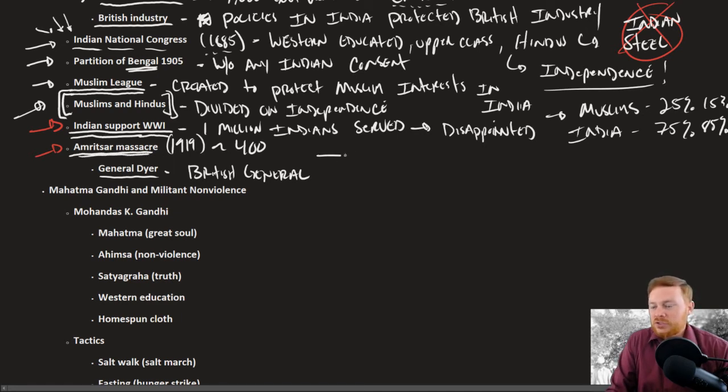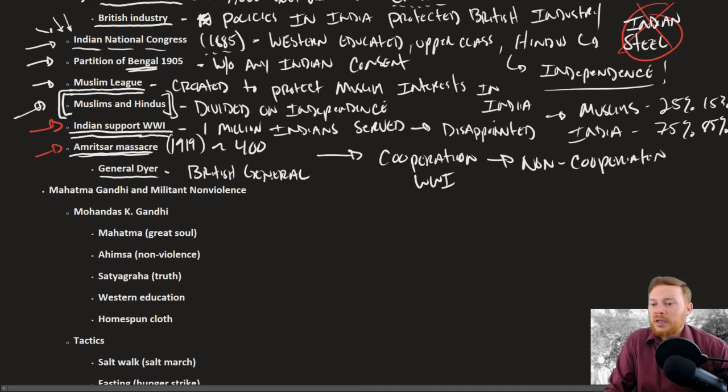And so this led to a big shift from cooperation, think World War I, to non-cooperation. That meant really to resist Great Britain, and the Amritsar massacre was the example of this.